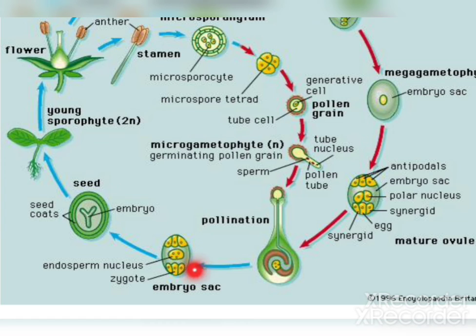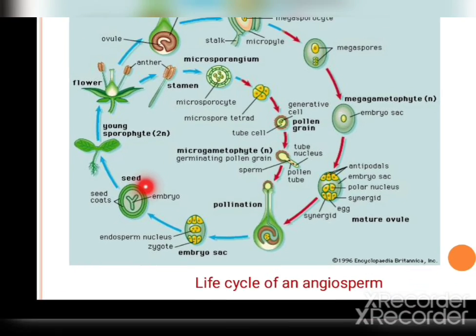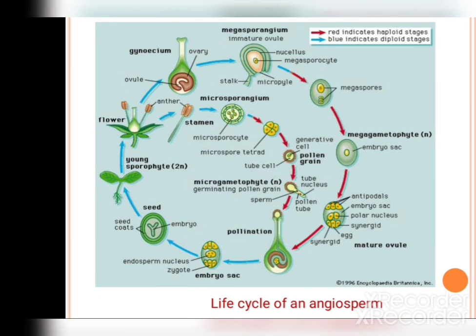This is triple fusion, this is syngamy, together you call double fertilization, and it later develops into the embryo. The ovule develops into seed, and the ovary forms fruit. When the seed grows it is converted into the young sporophyte, that is diploid. This is the life cycle you can see in an angiosperm.